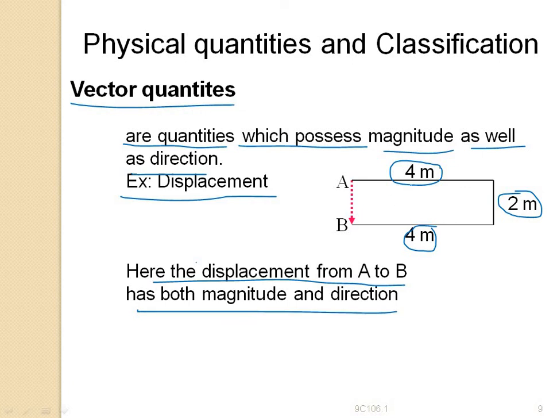It is a bar which is given, and A and B can also have magnitude and direction. That is how we determine A and B. This is also called displacement.